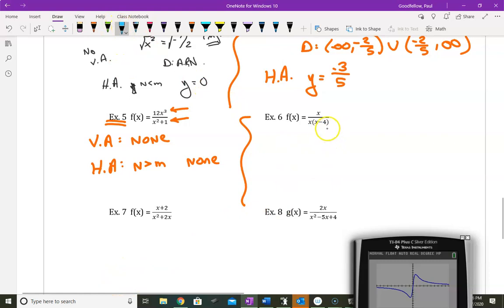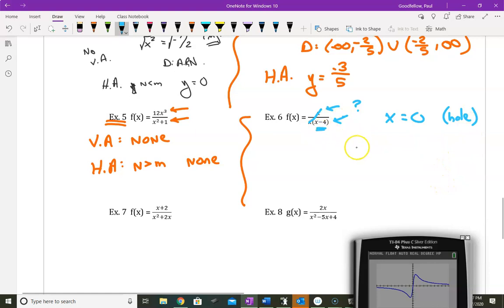Number 6. Now here's where we might end up generating something that is strange. Once things have been completely factored out, you might see that the x definitely got canceled as a repeating factor from numerator to denominator. That x being canceled is x equals 0, and this one generates a hole in the graph, not a vertical asymptote.